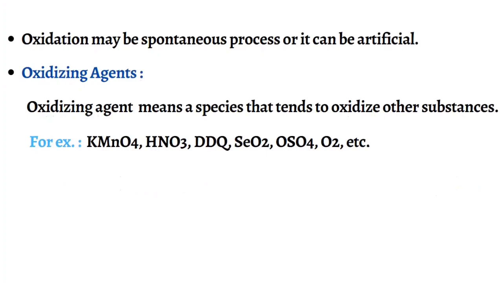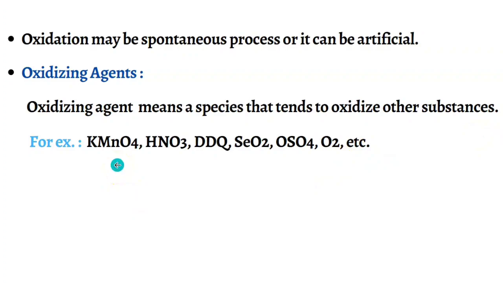First of all, oxidation may be a spontaneous process or it can be artificial. Oxidation can be spontaneous, meaning it can happen naturally, or it can be artificial. Now, what are oxidizing agents? An oxidizing agent is a species that tends to oxidize other substances. Let's see KMnO4.